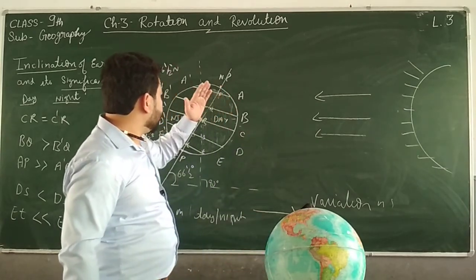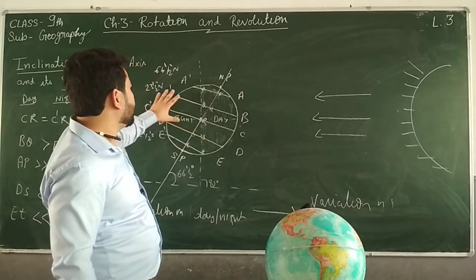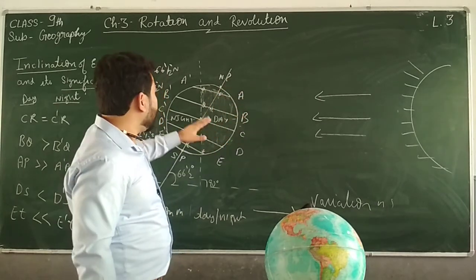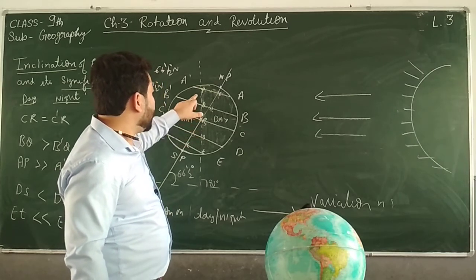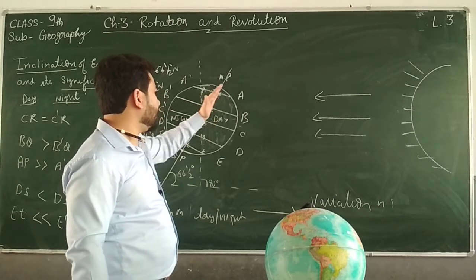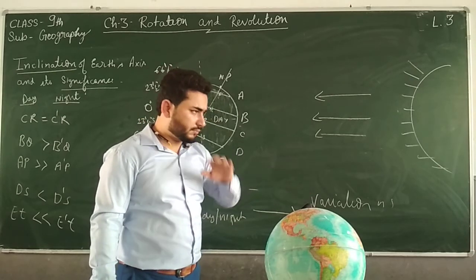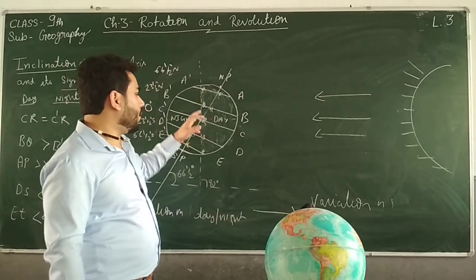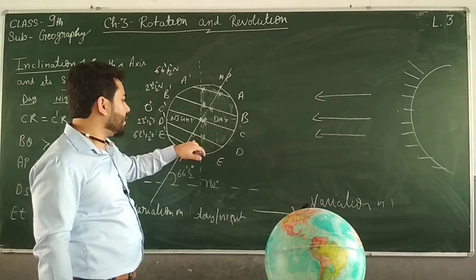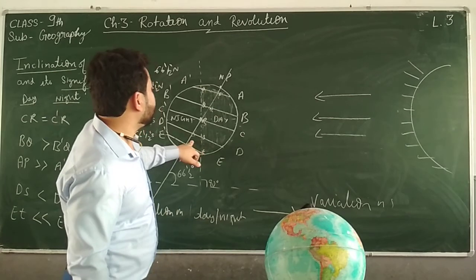When the earth is inclined towards the sun for a particular period of time, suppose for 3 months, then the places in the northern hemisphere will have longer days, and as a result more heat will be collected, and they will experience the warm season, hot season, summer season. And the places in the southern hemisphere will experience the winter season.